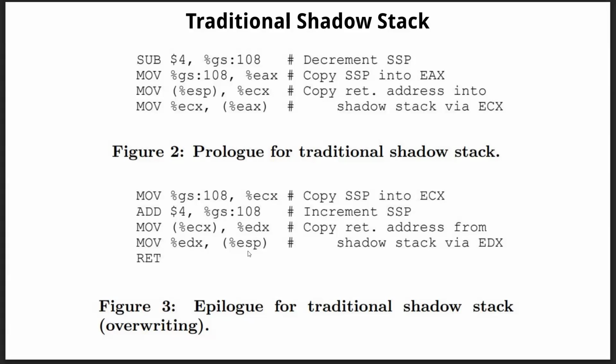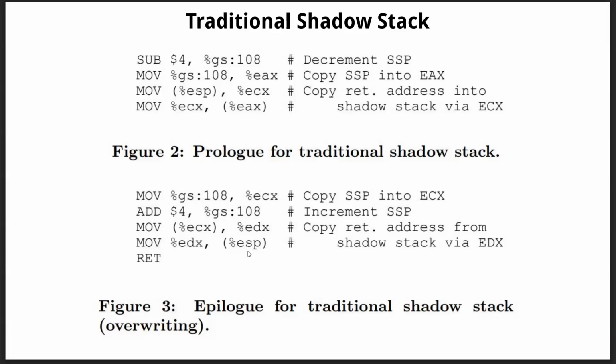Okay, so this code here is not trying to compare. This code is trying to use whatever we have in the shadow stack to overwrite whatever we have in the main stack. So even if there is a hijacking, an overwrite to the main stack's return address, we will be able to fix that. Okay, but this is not a perfect solution because you can see that you can still override EBP, and this one doesn't protect that.